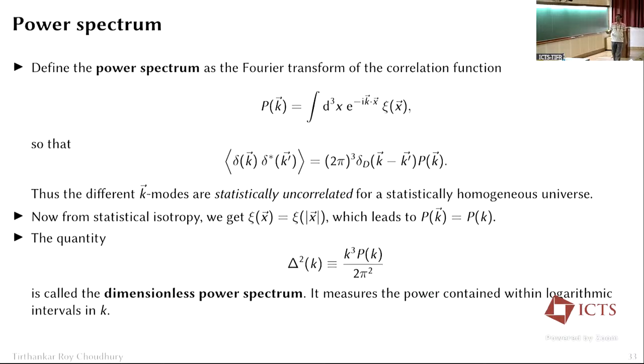So in that case, this isotropy, or this only-k dependence in the power spectrum, is broken. It turns out that the power spectrum in the k direction along the sight line is somewhat different from the power spectrum in the sky plane.